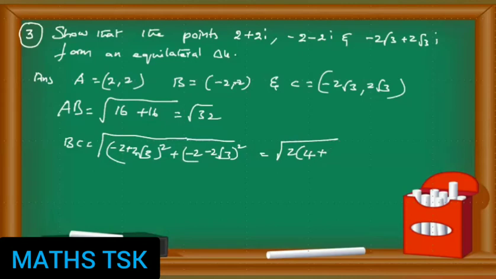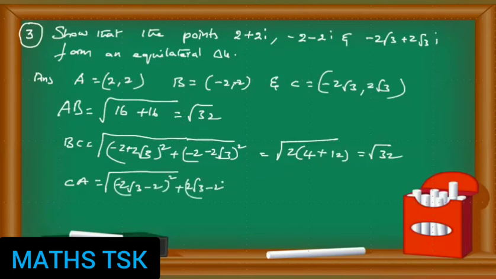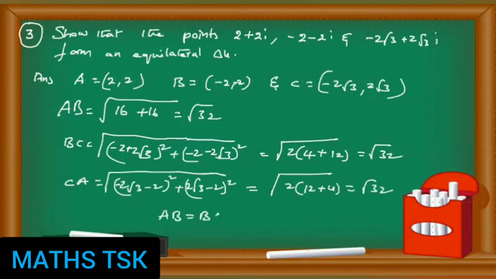Again it's also root 32. And CA is root of (minus 2 root 3 minus 2) whole square, again (2 root 3 minus 2) whole square. Same value as that of BC, nothing but 2 times of (a square plus b square), nothing but 32. So AB is equal to BC is equal to CA.